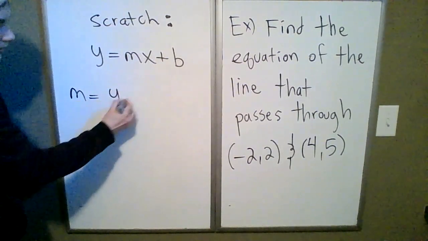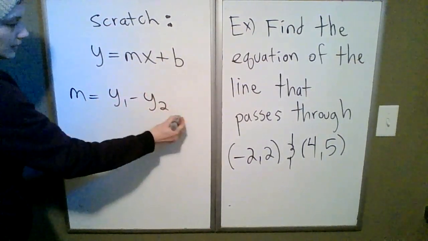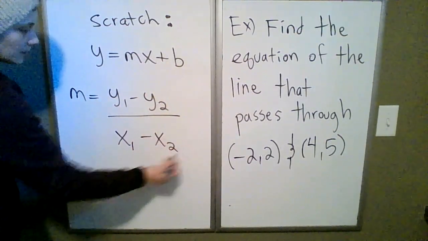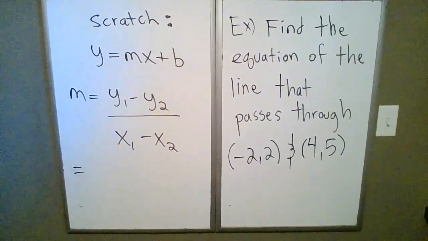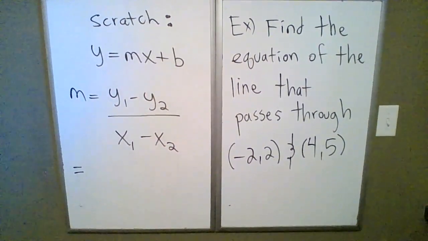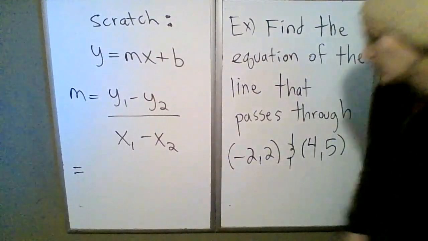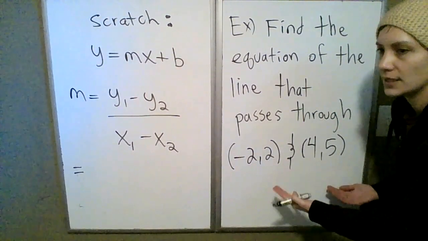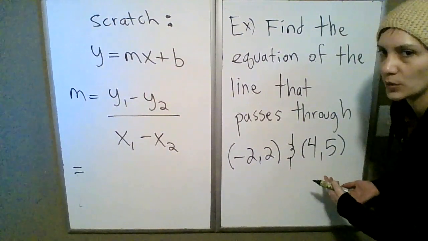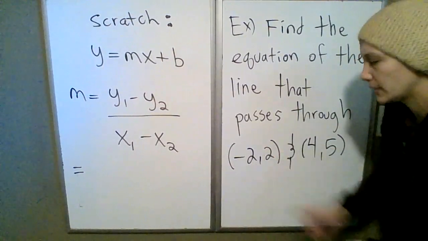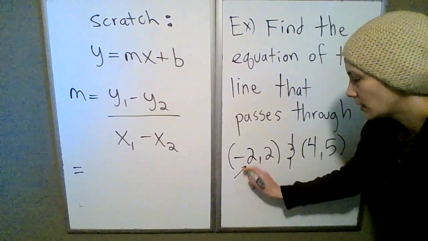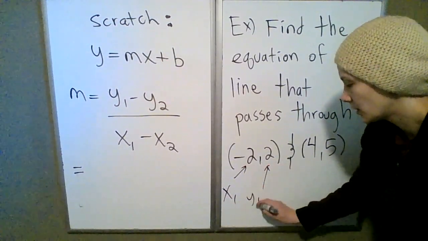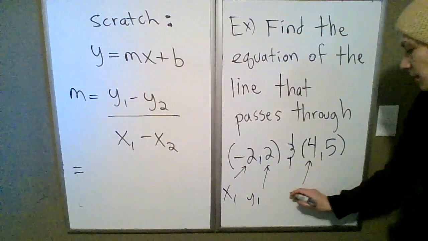M is the difference in y values divided by difference in x values. It doesn't matter how you pick points, this could be x1, y1, or x2, y2, or the other way around. X value followed by the y value.